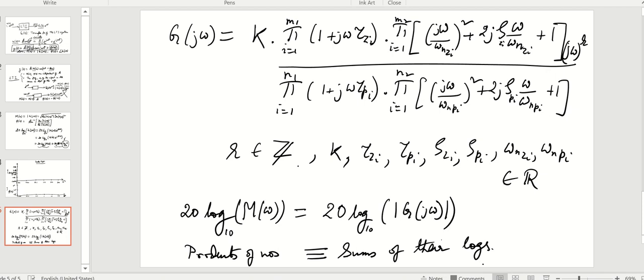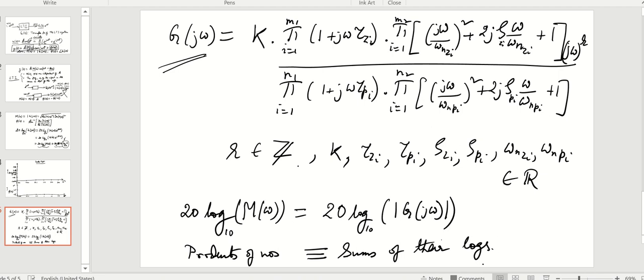This is basically the fundamental starting point of logarithms. And what have we here? We have this transfer function written in the form of products. So this allows us to decompose piece by piece this transfer function G into building blocks.